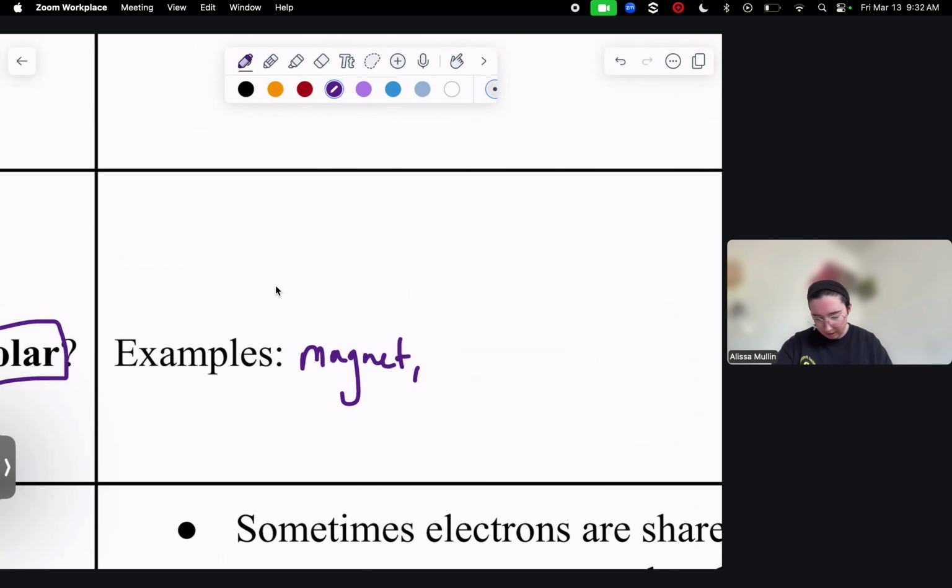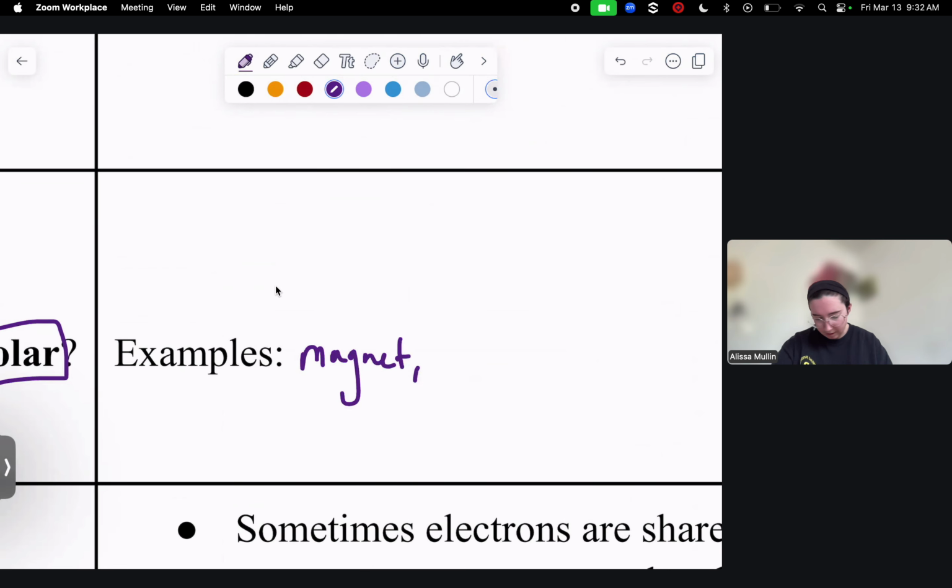And what this term really means when I say polar, I mean it's something with two oppositely charged poles. So something with two sides that are opposites. That's something that's polar. And we're going to have to figure out how that applies to chemistry in a sec.